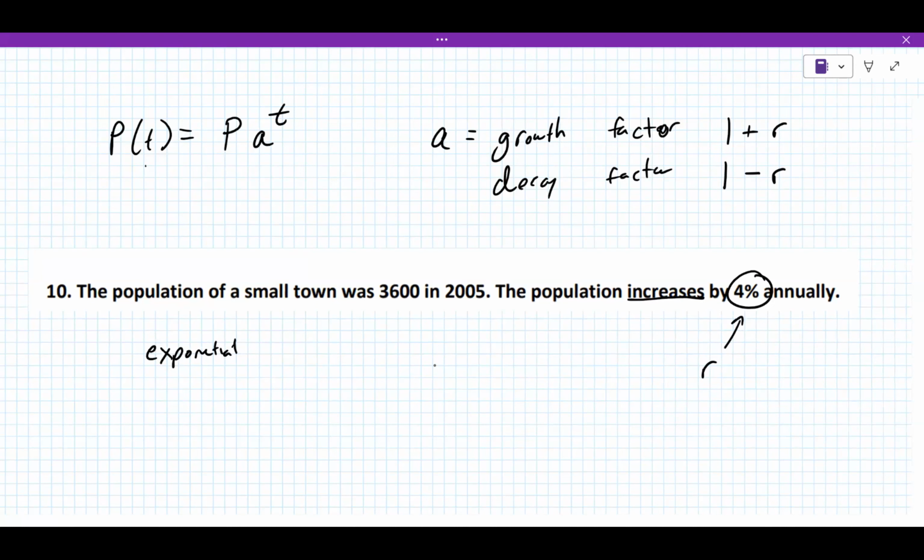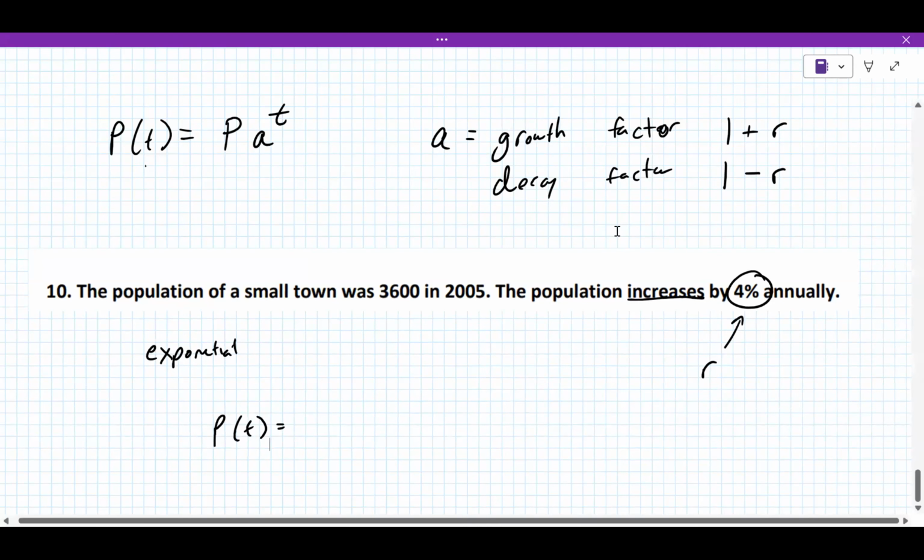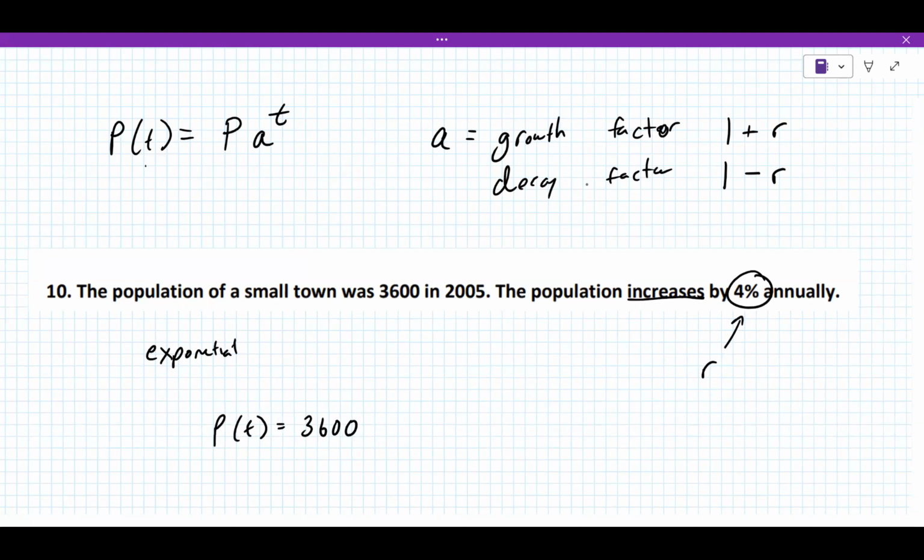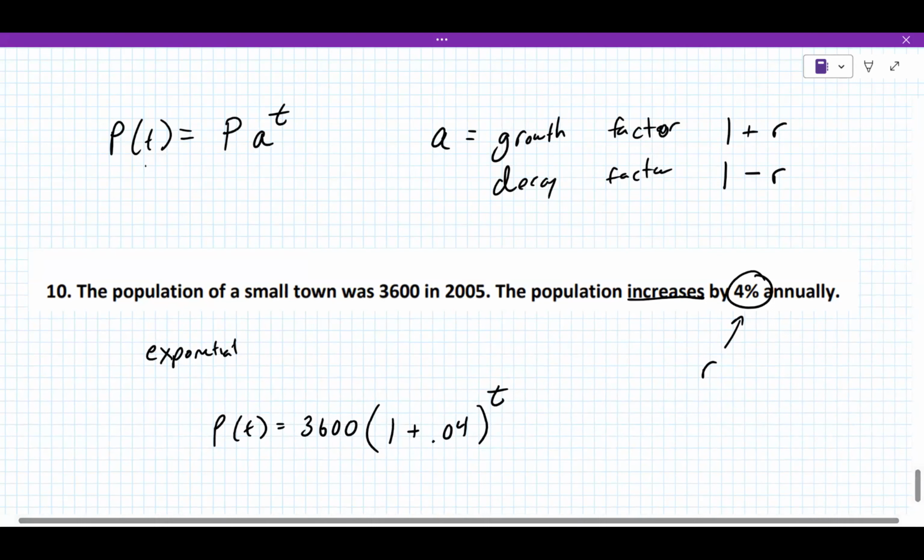So to write the equation for this, P of t, it's the amount that you're starting with, 3,600. Instead of a, we're going to write 1 plus the growth rate, which is 0.04, to the power of t.